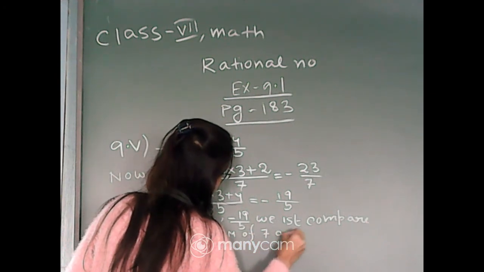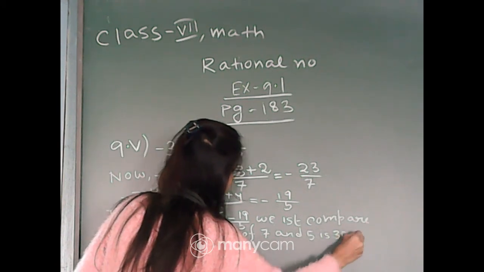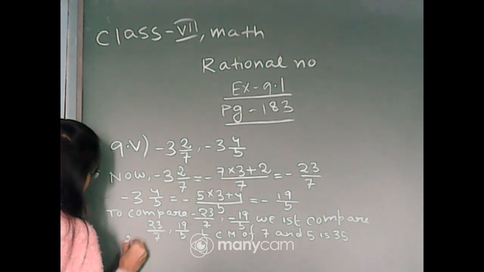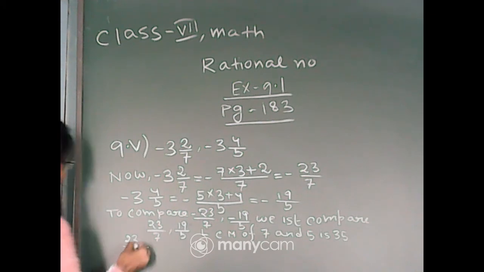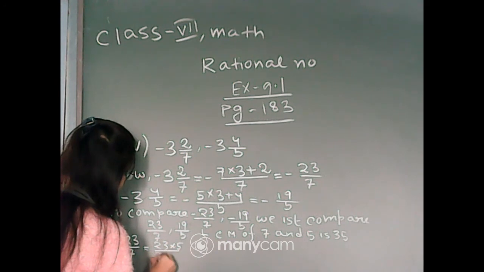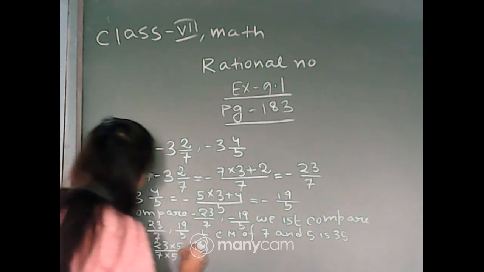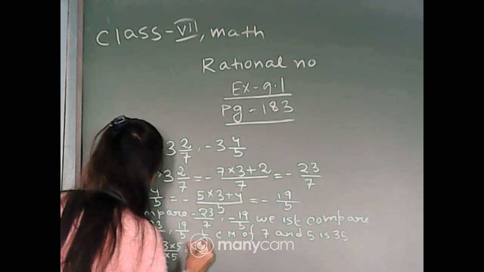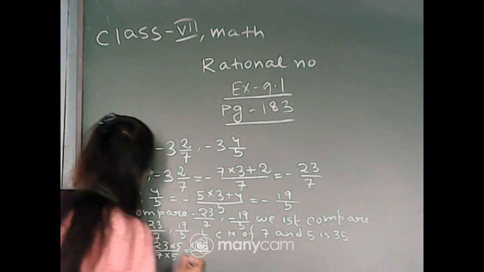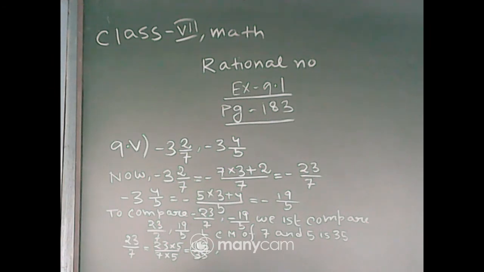Now, LCM of 7 and 5 is 35. Therefore, to make the denominator 35, we multiply both the numerator and the denominator of this fraction by 5, and we get 115 divided by 35.